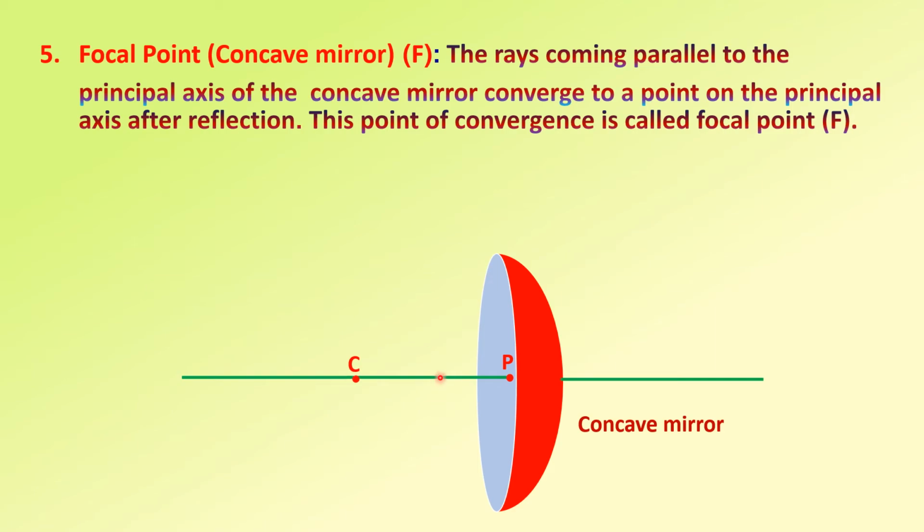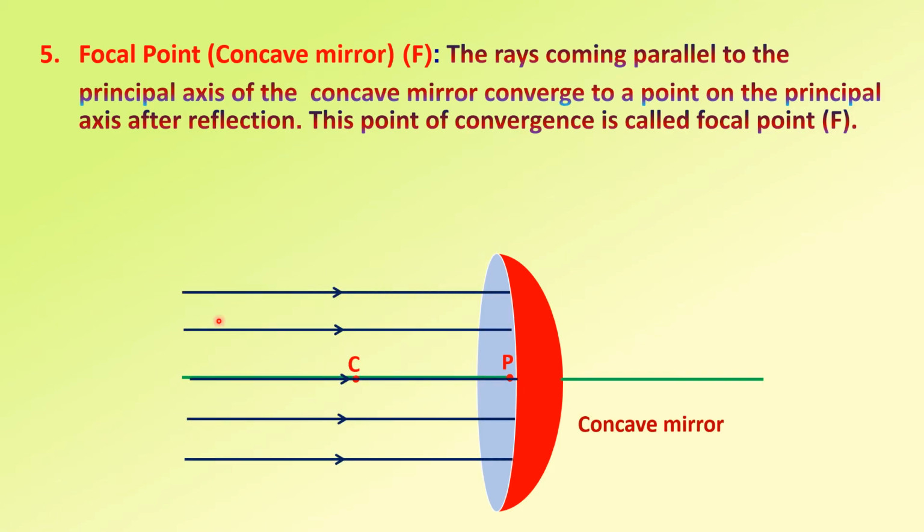That point is called the focus or focal point. This mirror is called the converging mirror. Why? Because the reflected rays will converge to a single point. Let us see. Some parallel rays are coming like this.